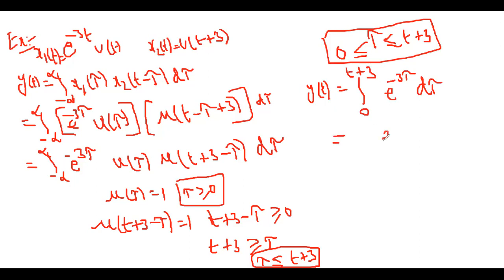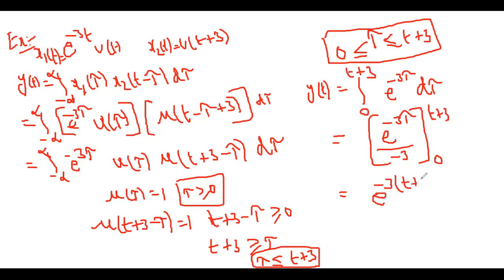Apply the integral: e power minus 3 tau by minus 3, upper limit t plus 3, lower limit 0. Substituting, we get e power minus 3 into t plus 3 minus e power 0, whole divided by minus 3.